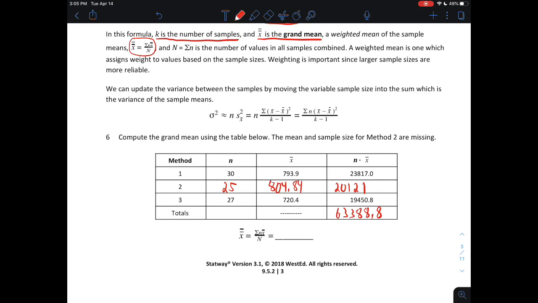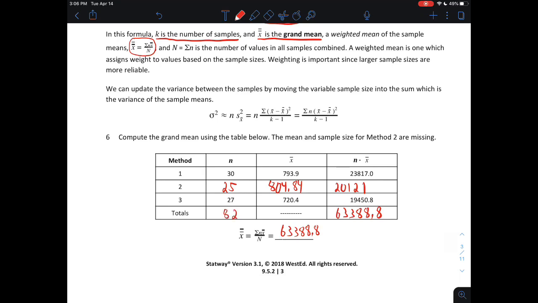So then the grand mean is taking that sum, 63,388.8, and then dividing by capital N. Remember, capital N is the total of all of the sample values, so 30 plus 25 plus 27. You can write that in the chart up above as well.